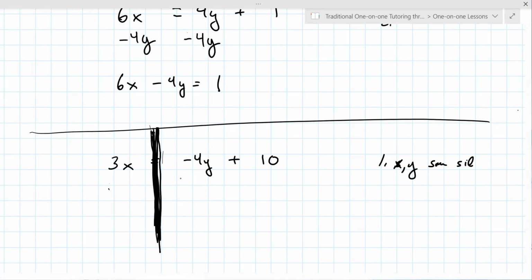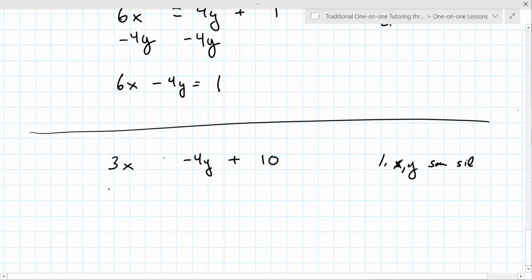The problem is we've got to create some words that mean something to you, because same side doesn't mean anything to you. This minus 4y needs to be over here on the left. How about both left? Does that mean more to you? Okay, so are x and y both left of the equal sign?